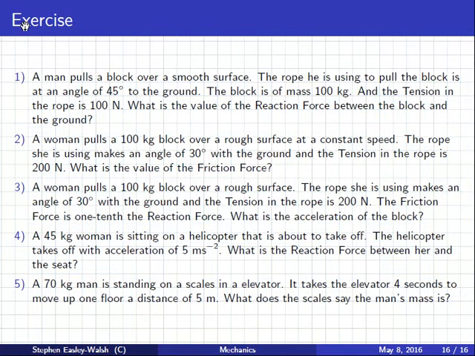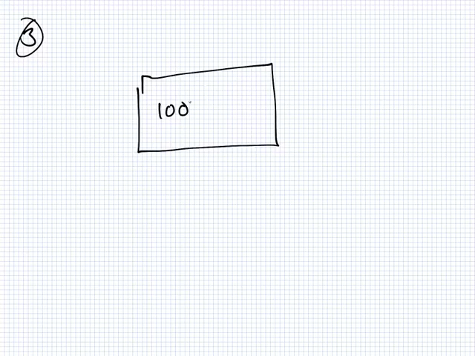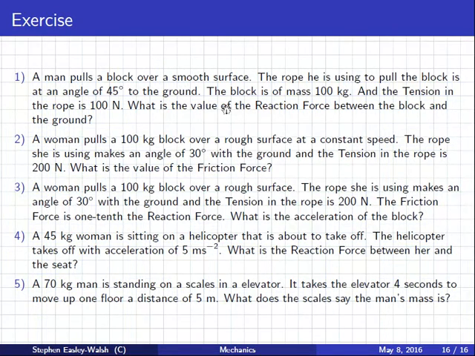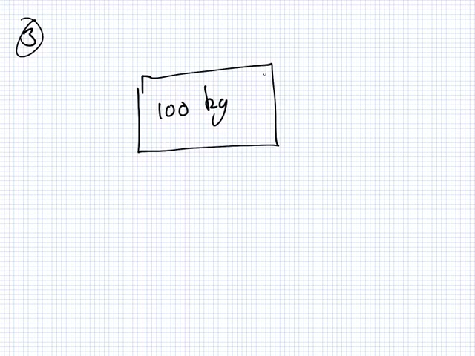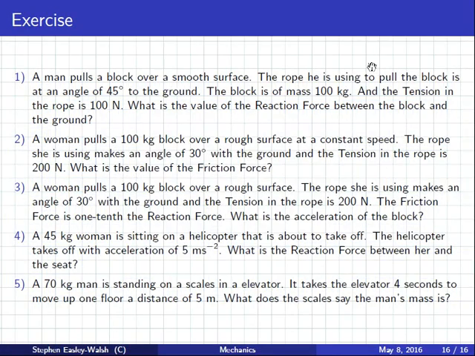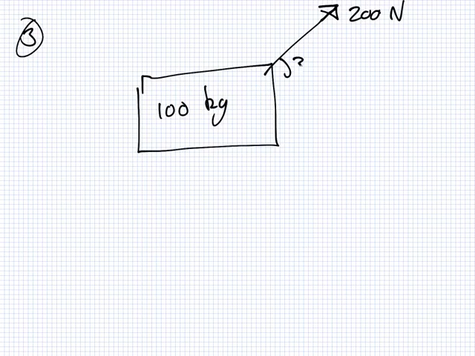So these, I'm hoping you're getting these ones. This one, yes, it's 100, 200, 30, so that's the same deal, isn't it? Except this, now it is accelerating. What's the acceleration? I tell you the friction is 1/10 the reaction. So we've got a 100 kg, a 200 Newton force at 30 degrees.